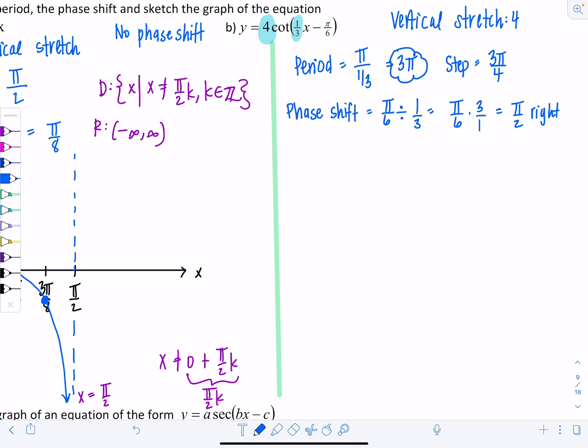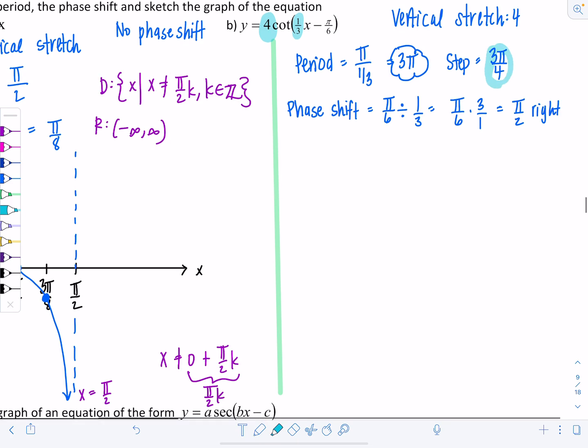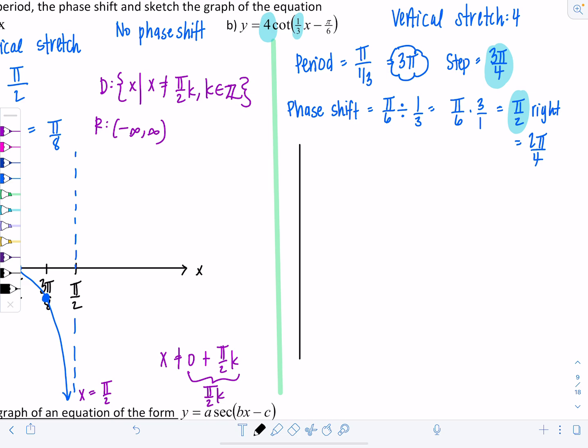Okay. I think it's time to get rolling. If you want to remind yourself, notice the step is 3 pi over 4 and the phase shift is pi over 2. Pi over 2 is the same as 2 pi over 4. That might help us with counting a little bit. Okay? All right, let's start graphing. Count out those x values.